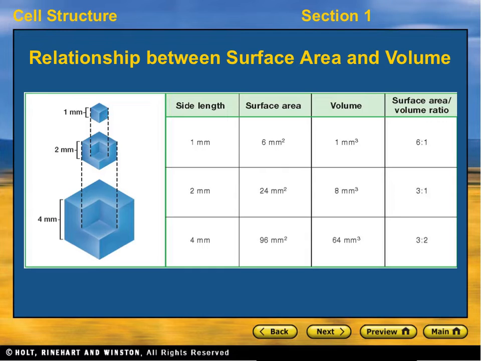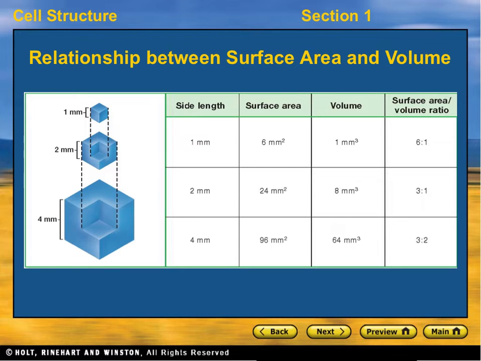The first cube is 1 millimeter by 1 millimeter by 1 millimeter. If the side length is 1 millimeter, to find surface area I take the length times the width of a surface. Because it's a cube, 1 times 1 is 1, but I have 6 different faces: 4 sides all the way around, and then a top and a bottom.